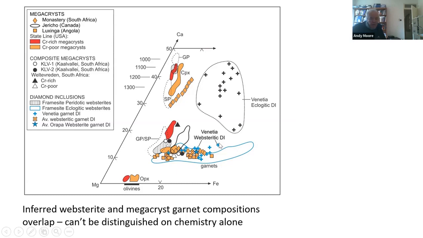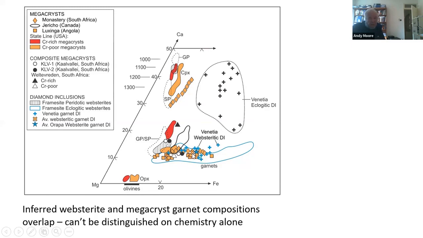The crosses are inclusions in Venetia diamonds, very similar low calcium with a range in Mg#. This includes some framesites. So these have also been classified as websteritic.